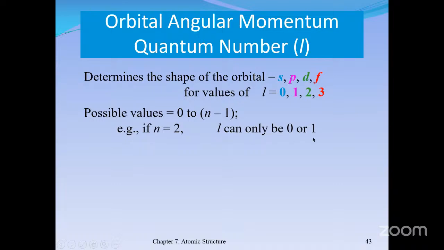If n is equal to 3, then L can only be equal to 0, 1, and 2. If n is equal to 4, then L is equal to 0, 1, 2, and 3. So what would be the case when n is equal to 5? If n is equal to 5, L will be equal to what?